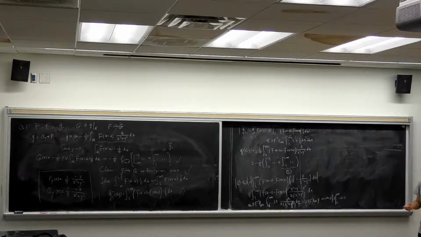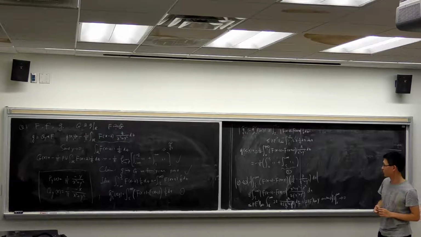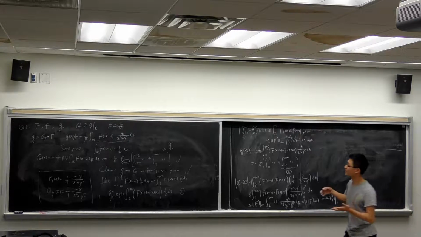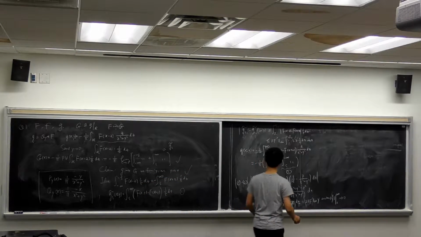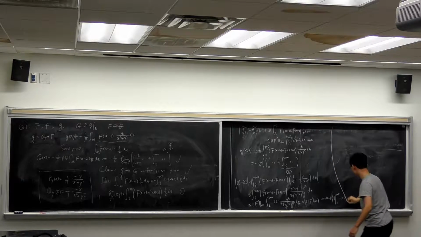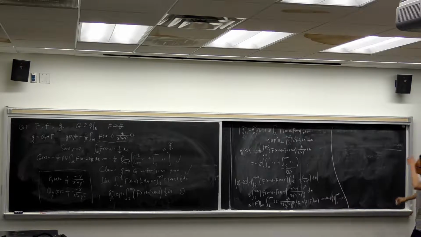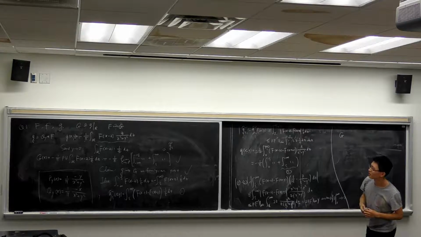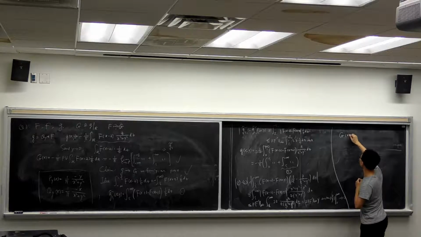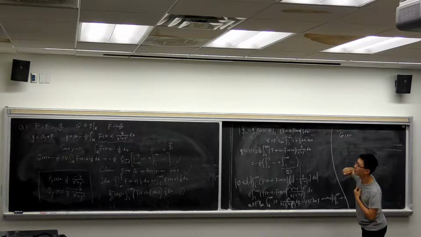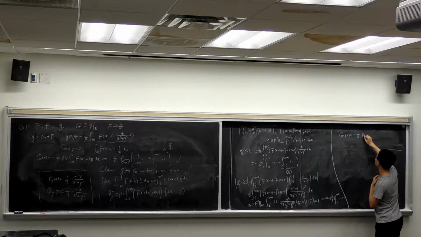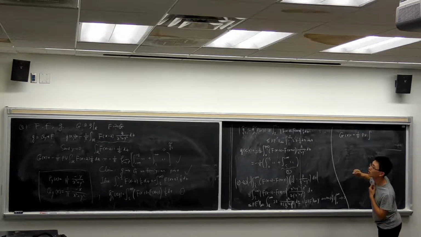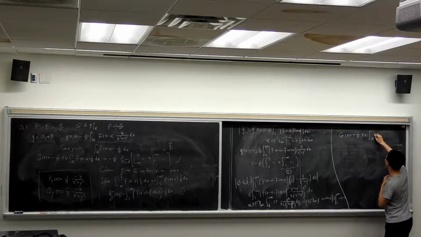So now we actually have a way to find what our capital G is. After having done so many of these, G of x is negative 1 over pi times the principal value of F(x minus z) times 1 over z dz.